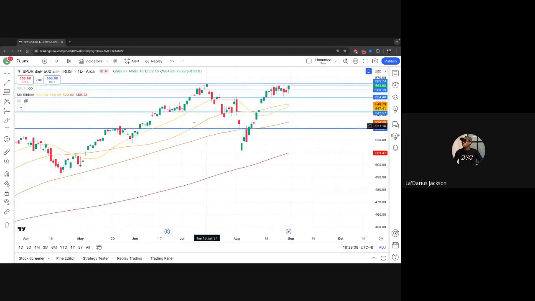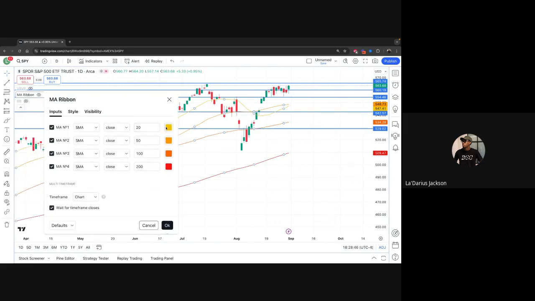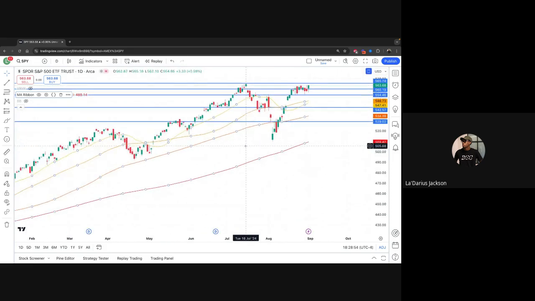All right. The simple trick to the simple moving average setup that I have here, and again, there's a lot of different ways you can use it, is to just pay attention to the 20-day moving average in relation to the 50, 100, and 200. So let me back out some.